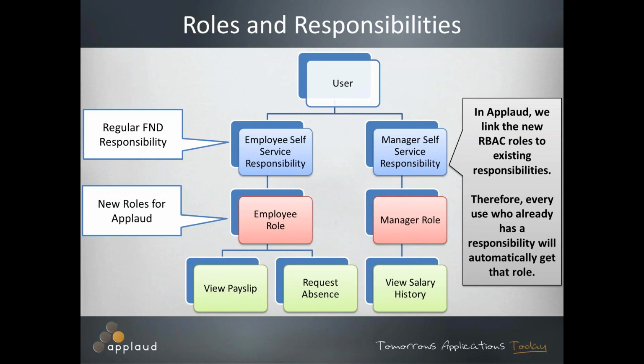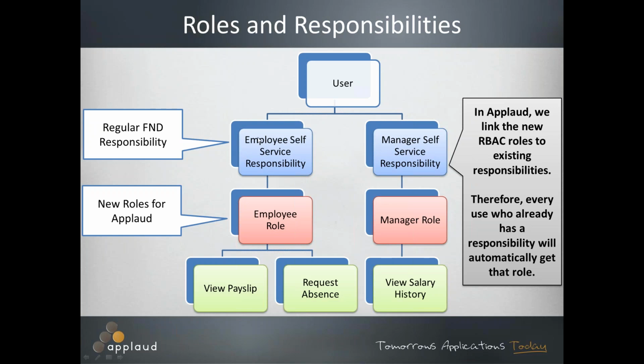So a common question usually when we're starting rolling out Applaud is, how do you assign these roles to existing users? Let's say you've got an implementation already with maybe 10,000 self-service users, and then we introduce our Applaud stuff. How would you give the right responsibilities, or sorry, the right security to those 10,000 users? Well, the chances are those users will already have employee self-service or manager self-service, or both.